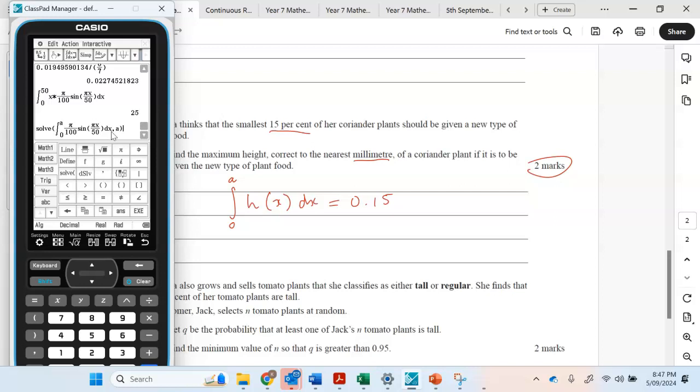Now this might give us a general solution. Oops. Now what did I do wrong? It's always annoying. Did I not move my cursor? I don't think I made it equal 0.15, to be honest. Comma a. All right, so we get a general solution. So at this point, because it's a trig function, just go back and restrict a.